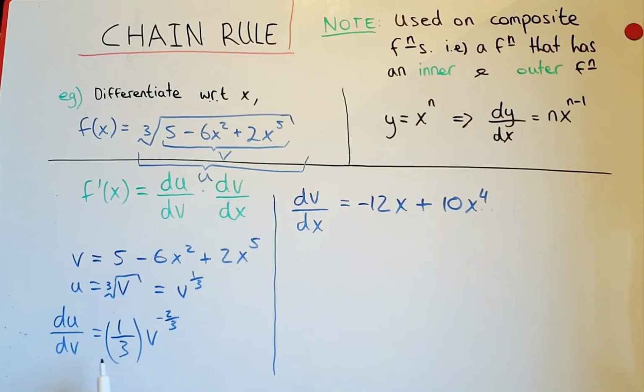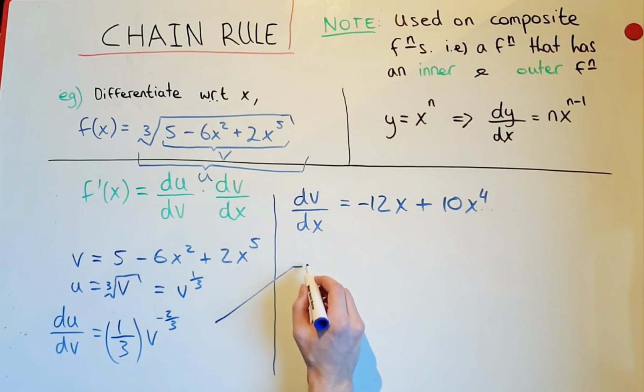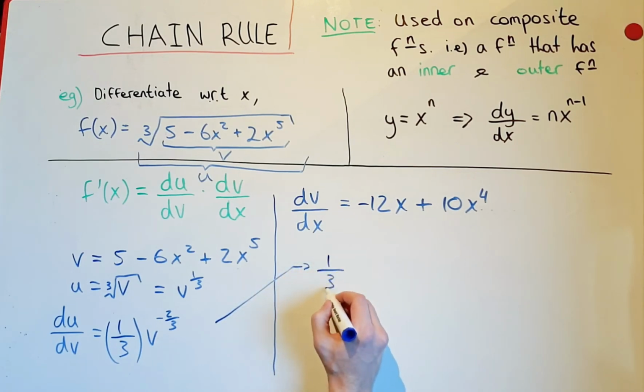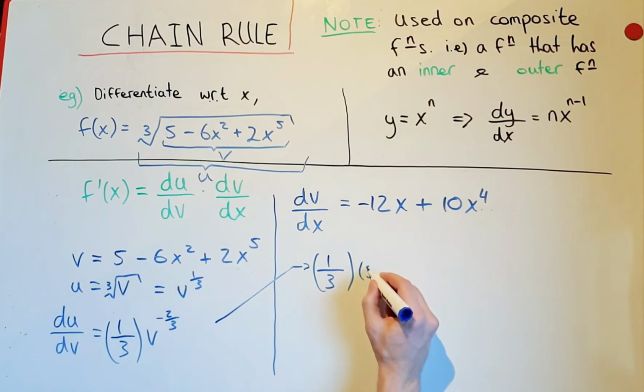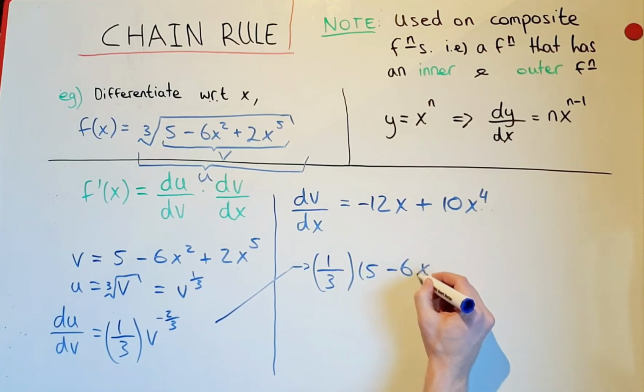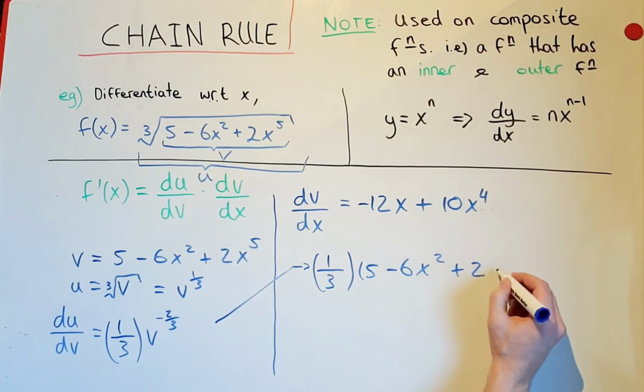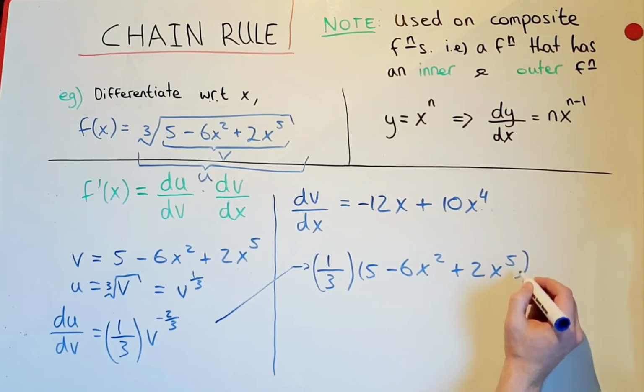All right, so we're going to take the 1 over 3 v to the minus 2 over 3 and insert this v equation in here. So we'll just keep the 1 over 3, and v is 5 minus 6x squared plus 2x to the 5.